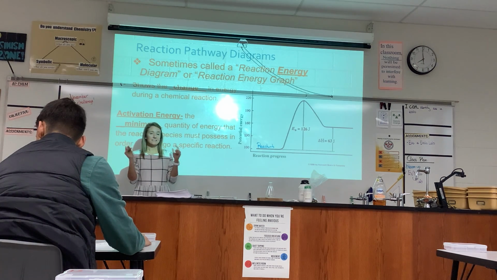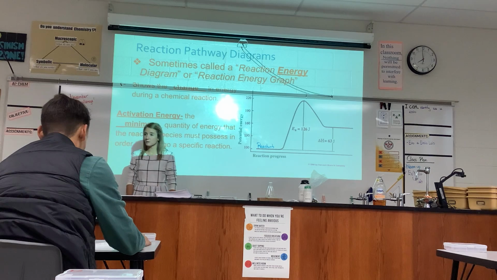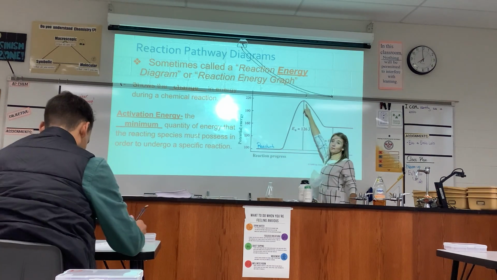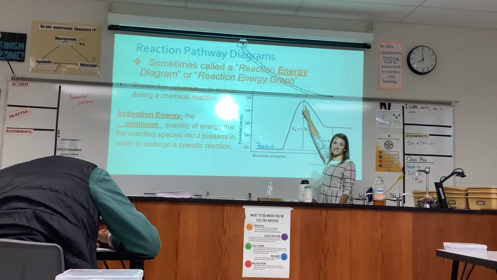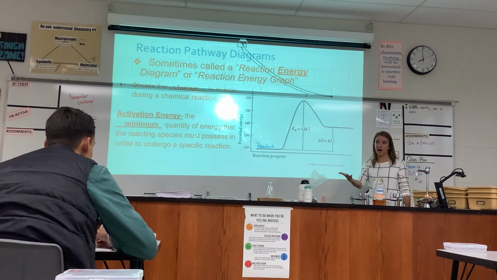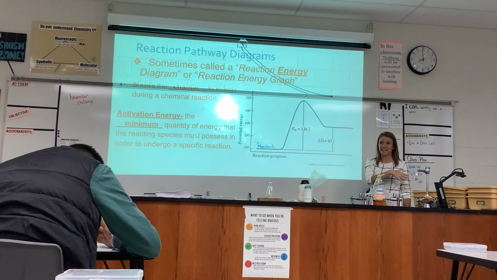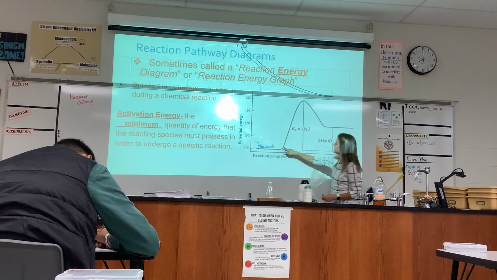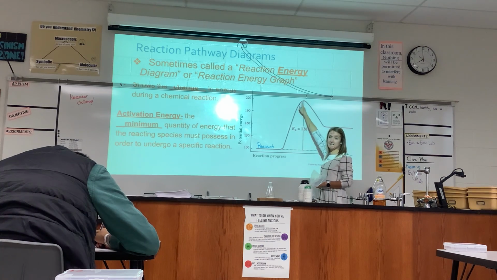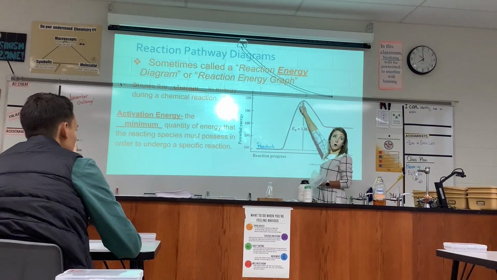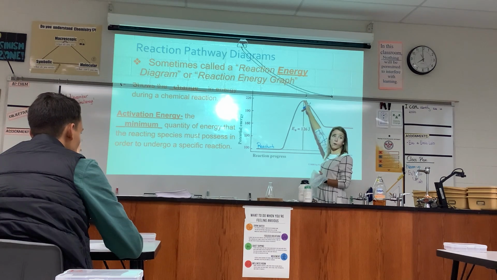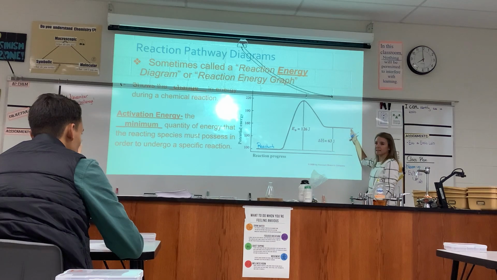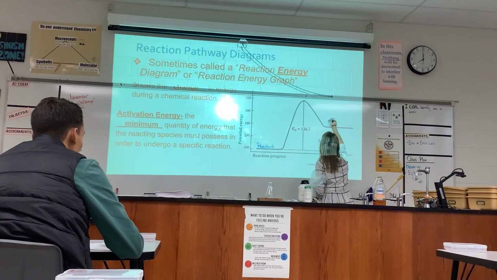Then, once they combine and start to react, for all reactions there's always an uphill first, because you have to start breaking bonds if you're going to make new bonds. And it takes energy to break a bond. So there's always a certain amount of energy that's needed for a reaction to go. Once you reach this point, it has enough energy to just continue to products.